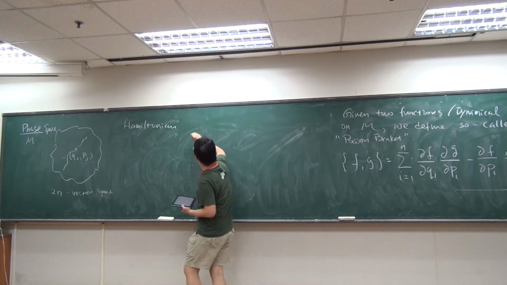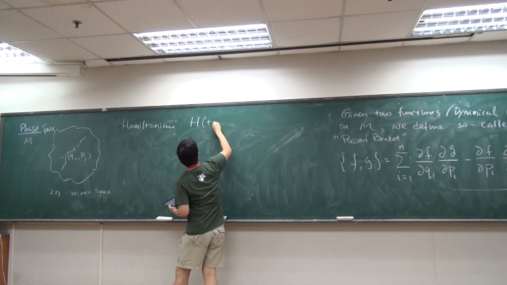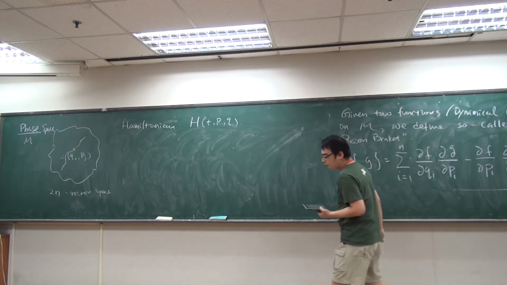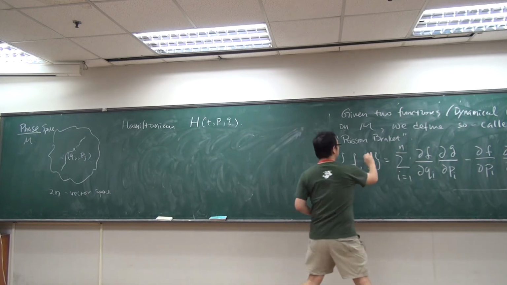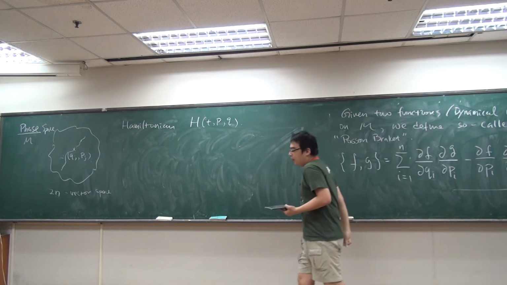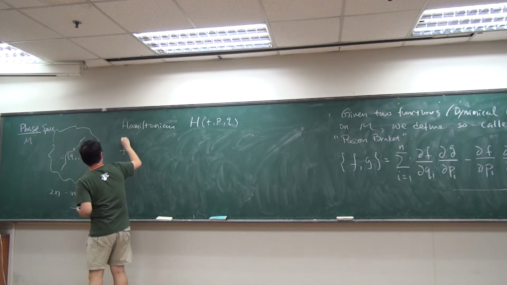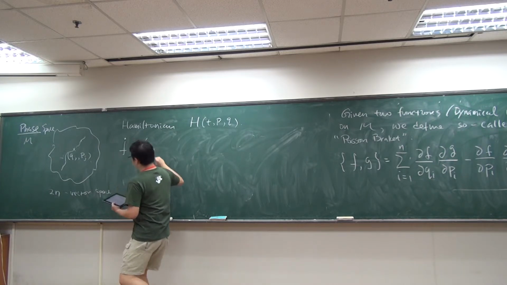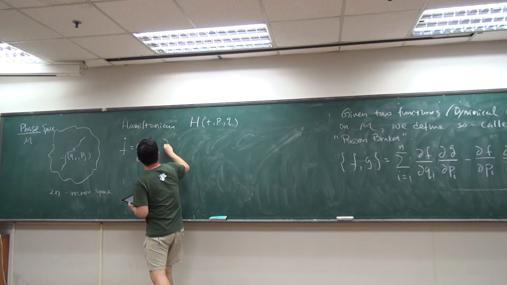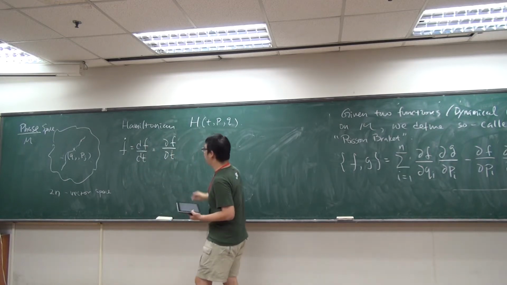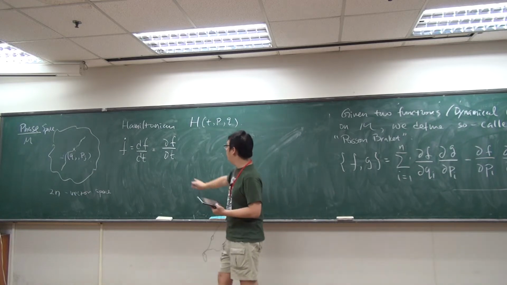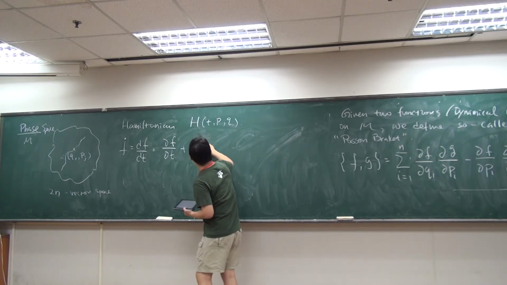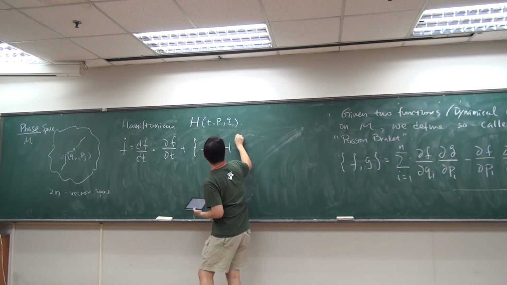Let me just give it a name, H. So the time evolution of various dynamical variables in your system is simply given by the Poisson bracket. The dot here simply means d by dt, given by a partial derivative if f actually has an explicit time dependence, plus the Poisson bracket as defined over there of the function f itself with the Hamiltonian.